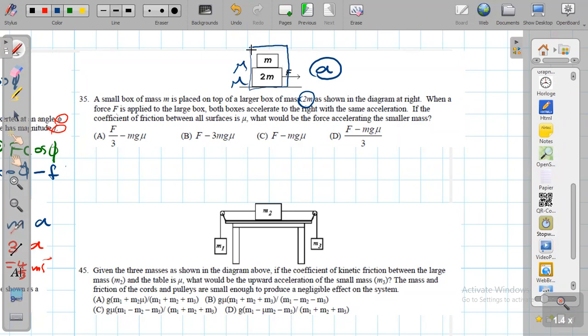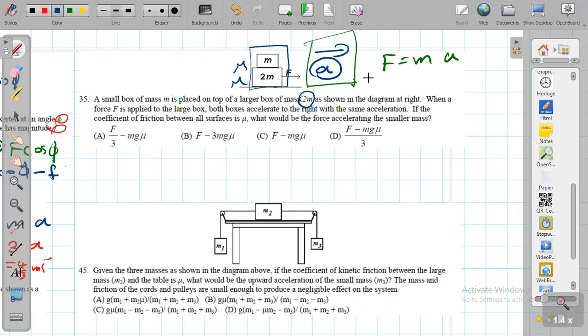Now for this one, whole box. Right? A large box, the two boxes accelerate with the same acceleration. I have to find out the acceleration here. So how to find out the acceleration? F equals m a. What is my force?